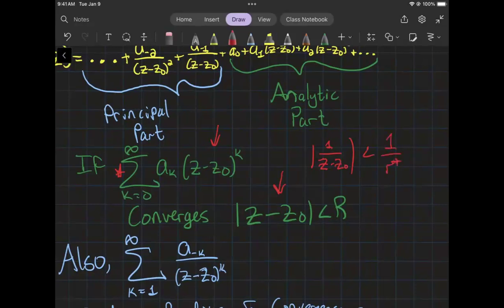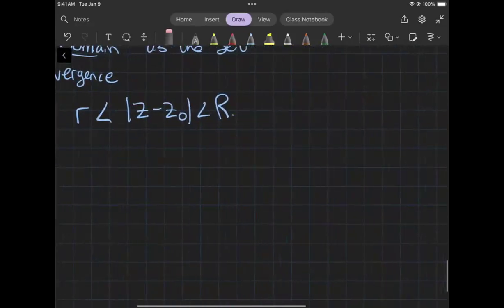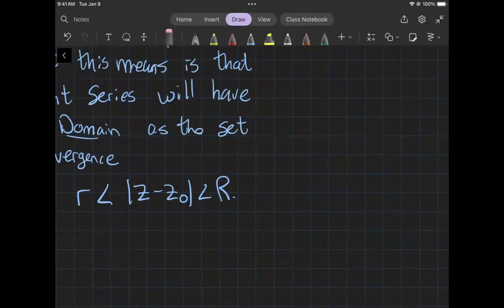It does not necessarily mean it's 1 over R. So basically we'll have an annular domain where a Laurent series will converge.